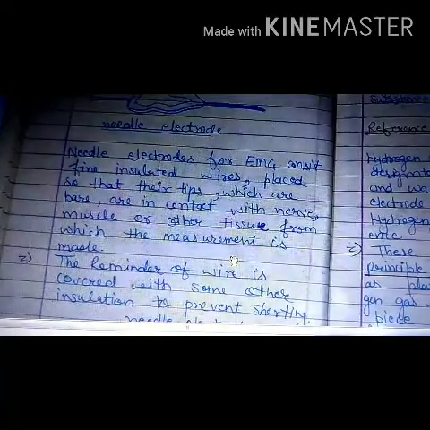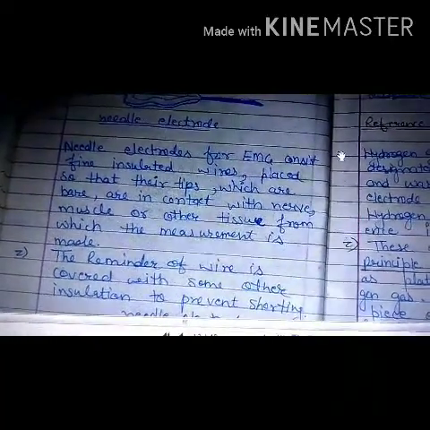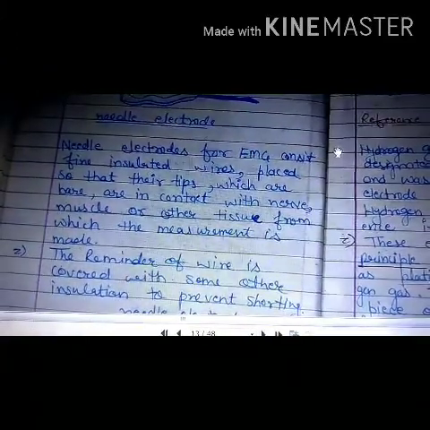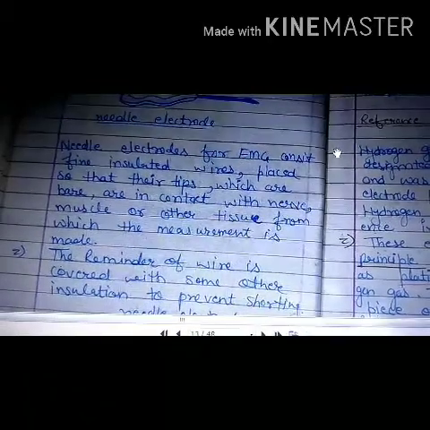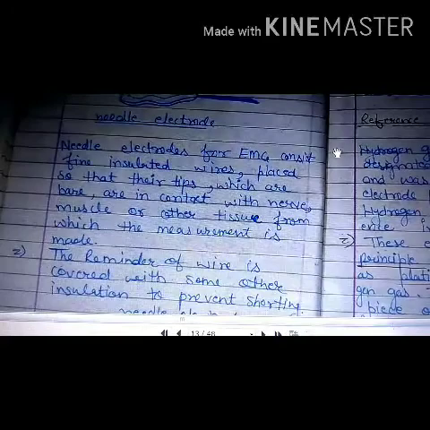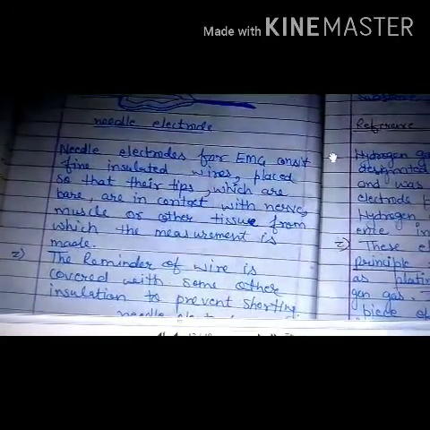Needle electrode for EMG consists of fine insulated wires placed so that their tips, which are bare, are in contact with nerve muscles and other tissues from which the measurement is made. So these types of needle electrodes are directly in contact with nerve cells or nerve muscles from which we can take signals.